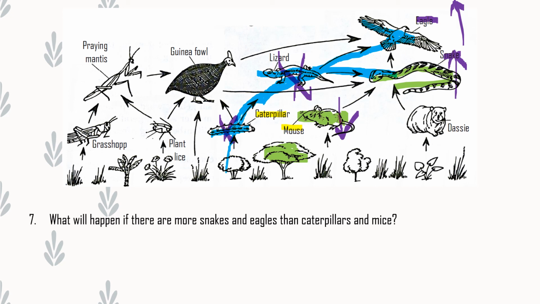If there are more snakes and more eagles, they will both feed on all of the lizards. So there'll be less and less food for the eagles and the snakes because there are far too many predators to be fed. So the lizards would die out, and the caterpillar and the mouse levels would drop even more.